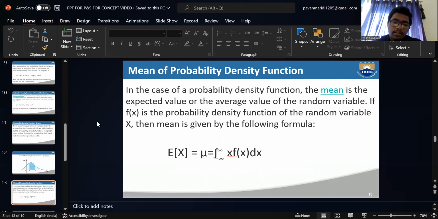If f of x is the probability density function of the random variable x, then the mean is given by the formula E of x is equal to mu is equal to the integral from minus infinity to infinity of x times f of x dx. This is the formula for the mean of probability density function.